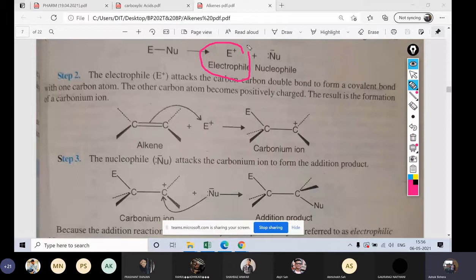Positive charge is known as electrophile because you know that pi and sigma electrons are there. What is their charge? They are basically negatively charged. Yes or no? Electrons are basically negatively charged. So positive charge automatically attracts towards the negatively charged. Okay, fine. Electrons are always negative.